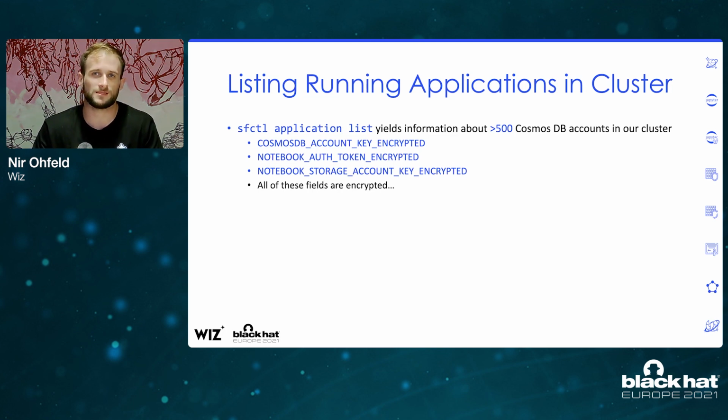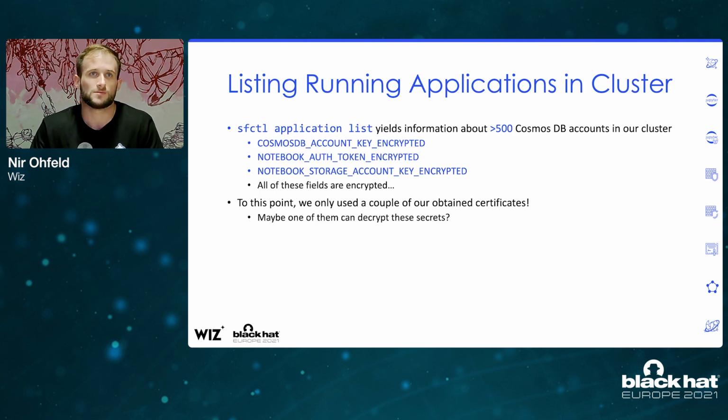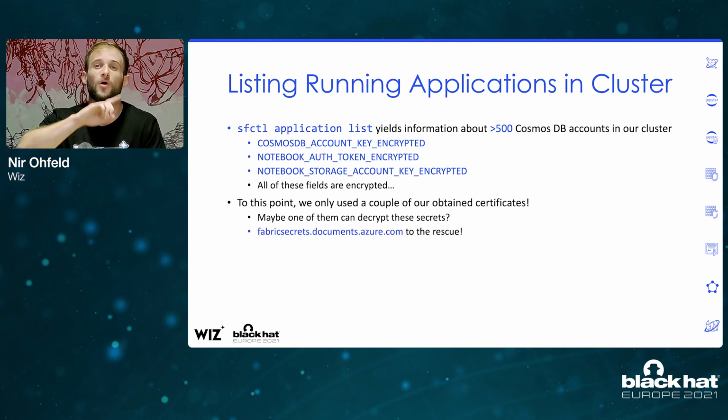No endpoint will accept my encrypted authentication token. But wait, up to this point, we only used a fraction of the certificates we obtained from the WireServer. So maybe one of these certificates is the one used to encrypt the authentication tokens? After brute forcing the certificates, we felt dumb, now knowing that the encryption certificate had a pretty indicative name. The Fabric Secrets was the one certificate used to encrypt all customer authentication tokens in our cluster.